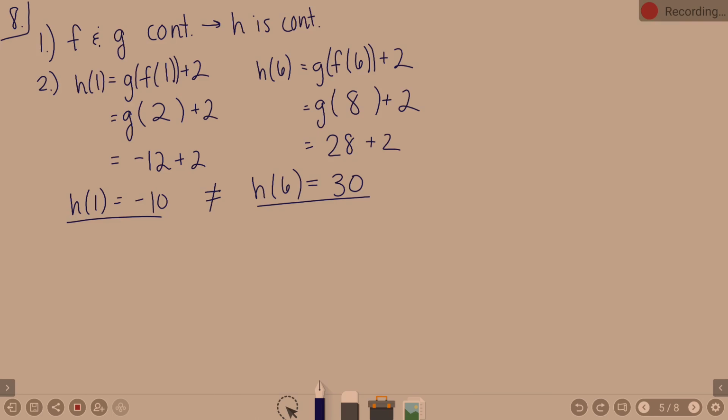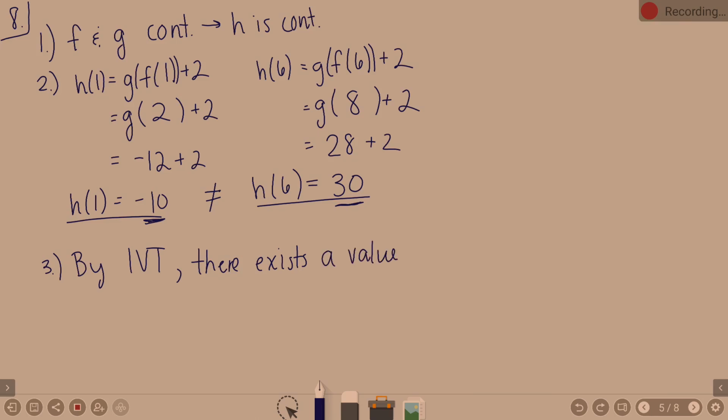Does IVT guarantee a point? Yeah, because it said such that h of w equals 0. What do we notice about 0? It's between negative 10 and 30, yes? Okay, so for my final statement, I cited IVT, intermediate value theorem, so by IVT, there exists a value.